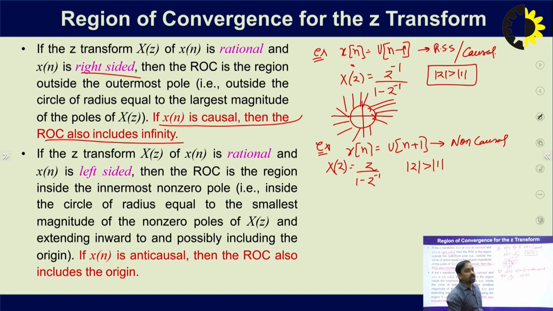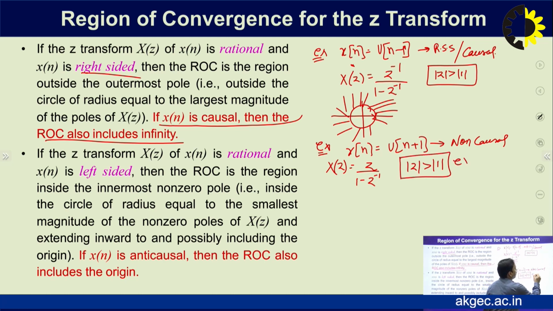But if we check z equal to infinity here, then at z equal to infinity, X(z) becomes infinity. So that means the ROC is mod z greater than 1 except z equal to infinity. That point we need to eliminate.